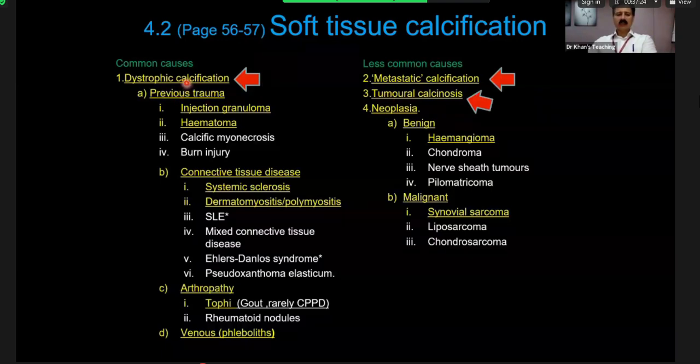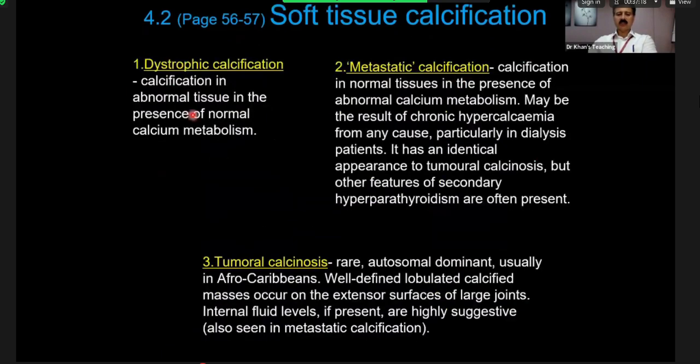Now, dystrophic calcification has got all of these things, and what is the definition of metastatic calcification? This is from Chapman. You can read it from there. Dystrophic calcification means calcification in abnormal tissue with normal calcium metabolism. Metastatic calcification is usually seen with hyperparathyroidism. Tumoral calcinosis is a specific condition, important for differential diagnosis in the exam.